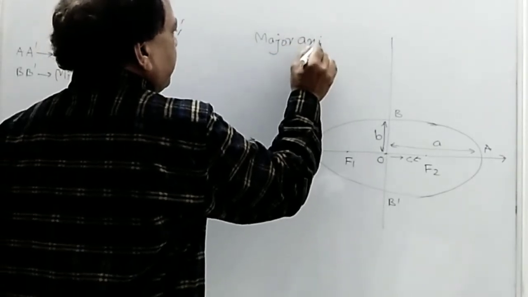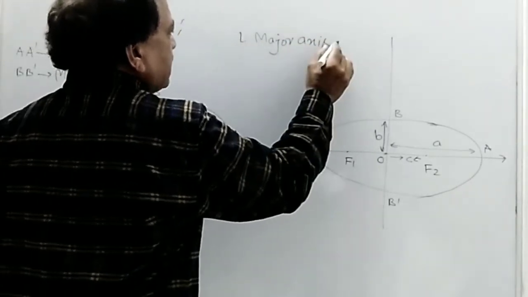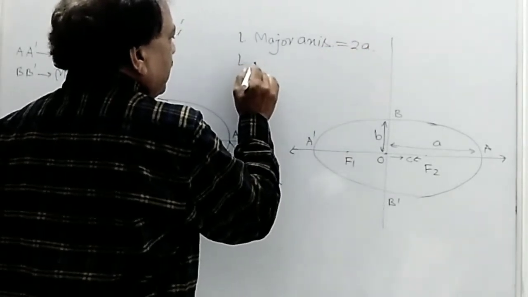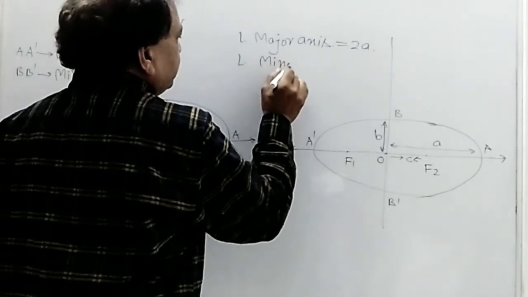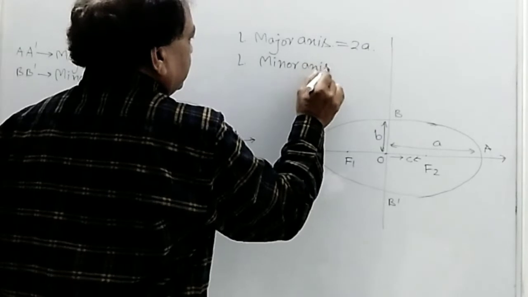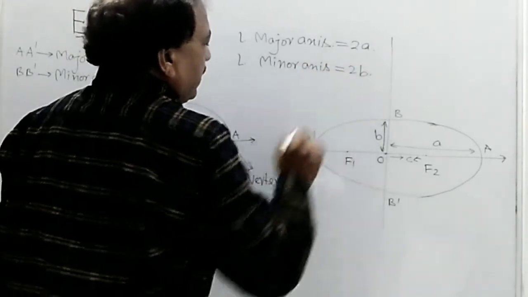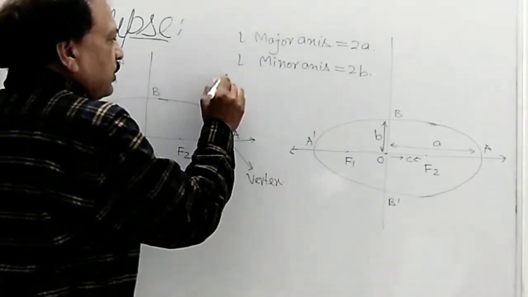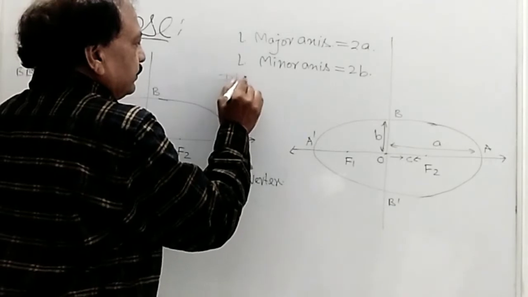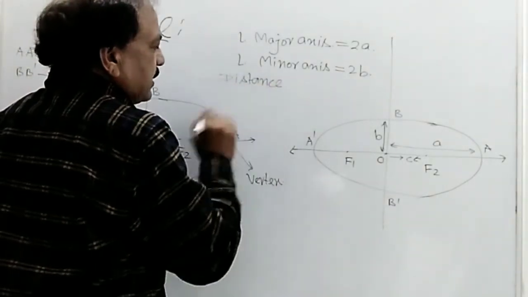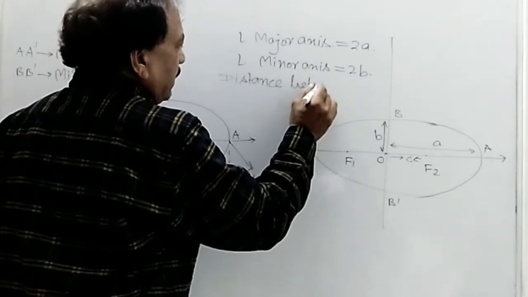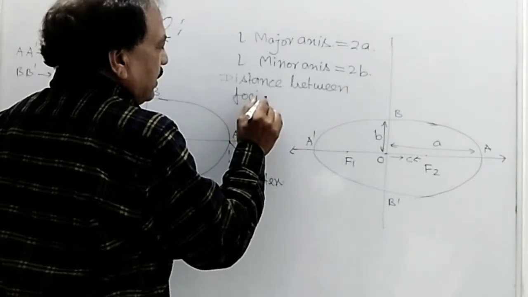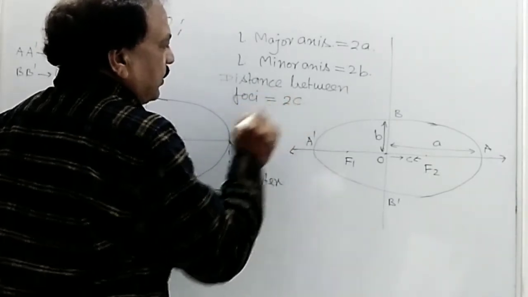So we can write the length of the major axis is 2A, the length of the minor axis is 2B, and the distance between the foci is 2C.